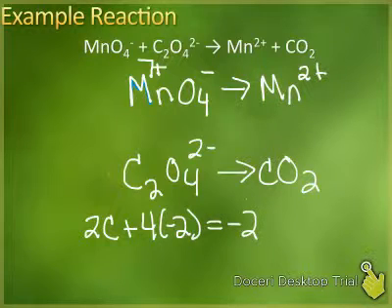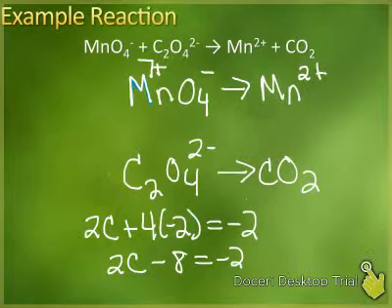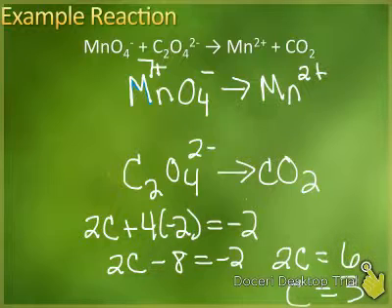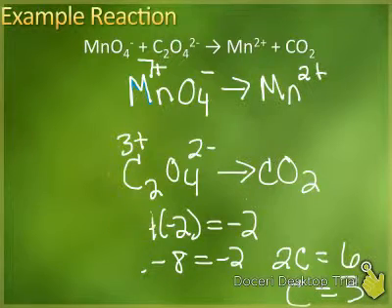So 2C minus 8 equals -2, then 2C equals 6, and then C has to equal 3. So this carbon has a charge of 3 positive. Now, we also have to do that to the other side, don't we? Because it's not by itself, we have to do it to the other side as well.